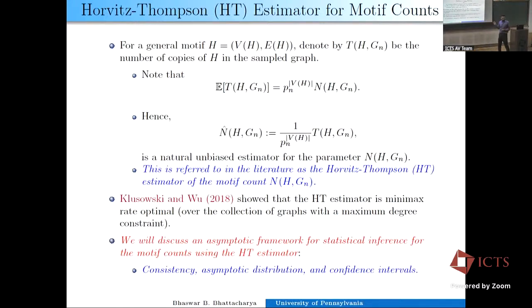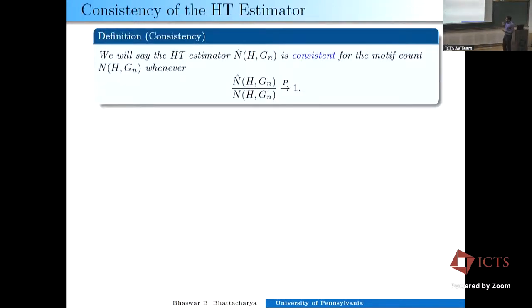That's the goal, okay? One has to first formally define what is consistency. Consistency means the estimate estimates the right quantity. Here we mean that the HT estimator is consistent if the estimate divided by the true value will converge to 1. That means it's estimating the right quantity.